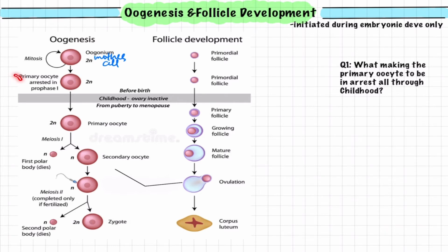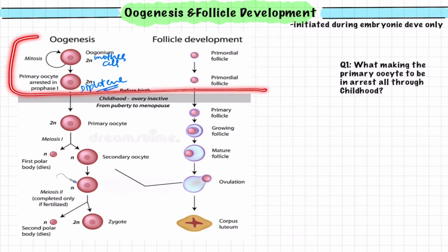These primary oocytes get arrested in prophase 1 of meiosis 1, to be specific in the diplotene stage, and they do not proceed further in the embryonic developmental period. Before birth they are arrested here only.